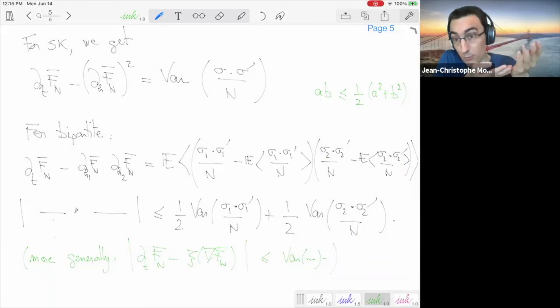Now for the bipartite model, you just take two numbers and multiply them. This is not a convex function. So I take the bipartite model as representative of the class of models for which the function psi is not convex.